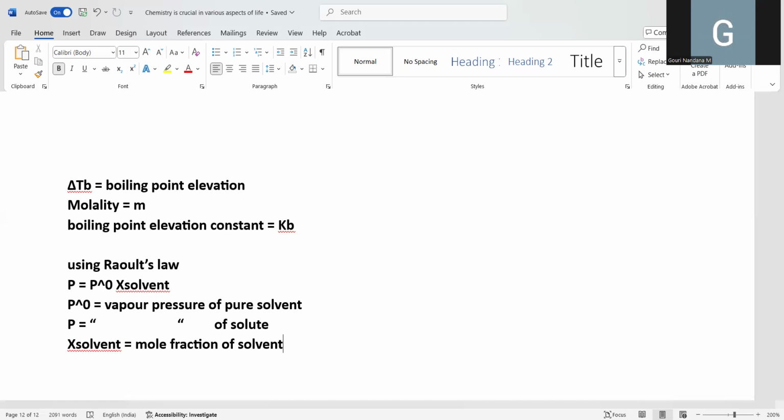Anyway, there is a relationship between the vapor pressure and the boiling.